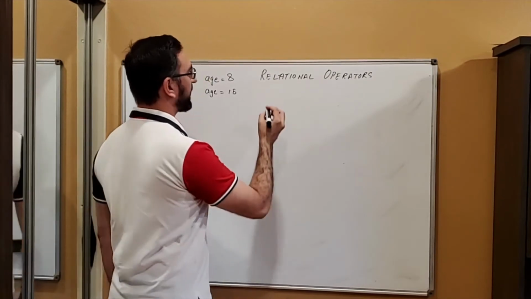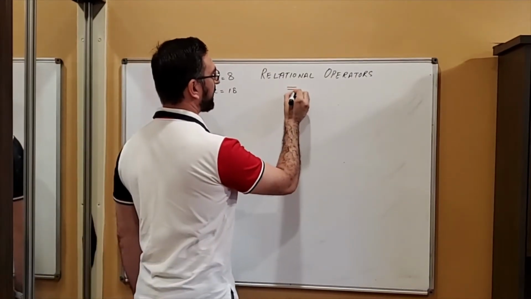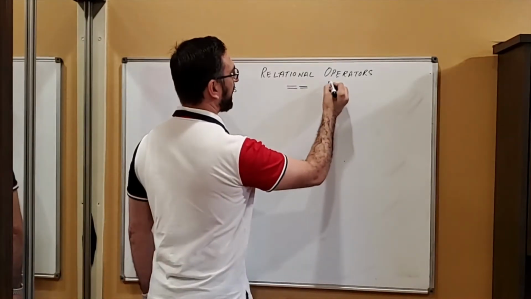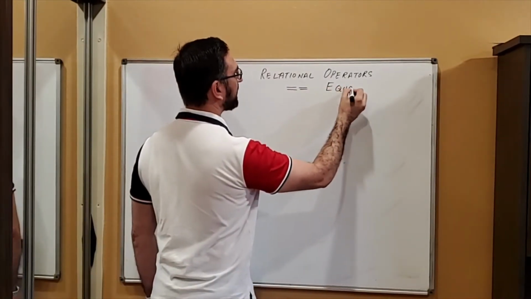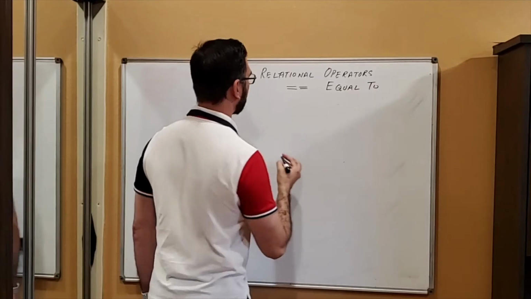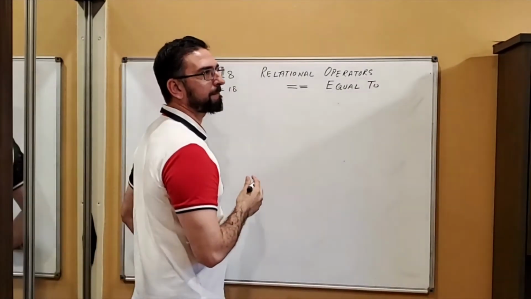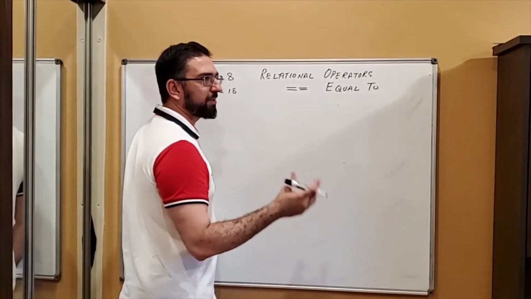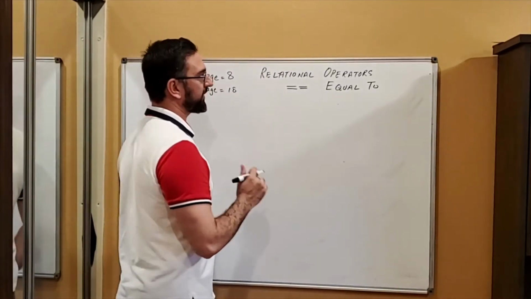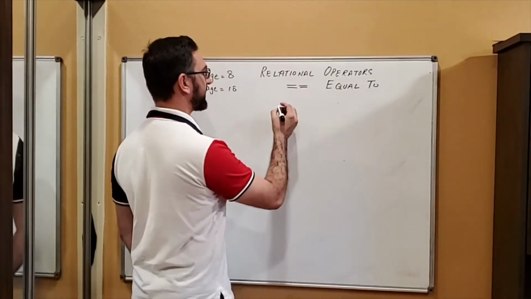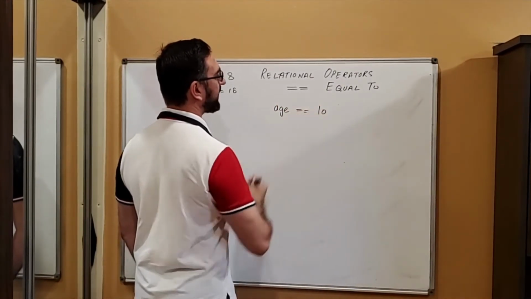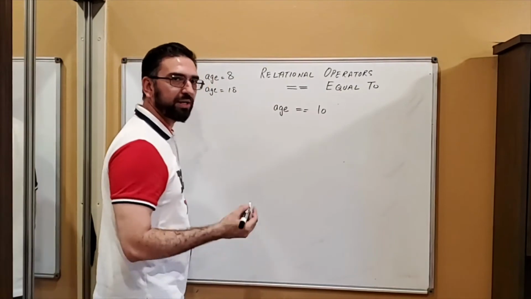Another relational operator, sometimes you have to compare equals, right? If something is equal to another thing, we use this symbol, equal to. So let's suppose you have a special ride in a theme park where only 10-year-old people can ride. Let's just hypothetically say that, right? So if age equals 10, only then they can ride the roller coaster.